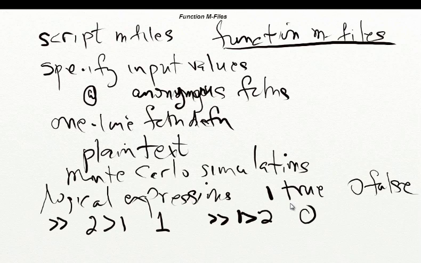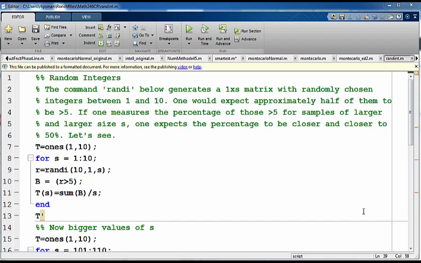Now sometimes you can combine this feature with MATLAB's random number generator to measure the frequency of an occurrence of an event. So let's see how that goes. I'm now going to make use of MATLAB's random number generator combined with a little bit of MATLAB programming that makes use of the way that MATLAB responds to logical expressions. The command randi generates a 1 by s matrix with randomly chosen integers between 1 and 10.